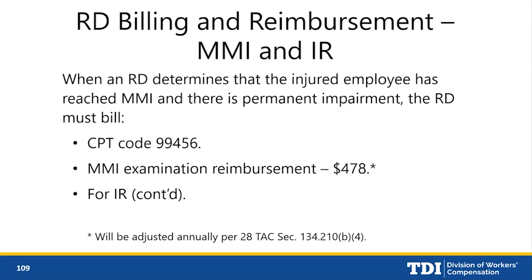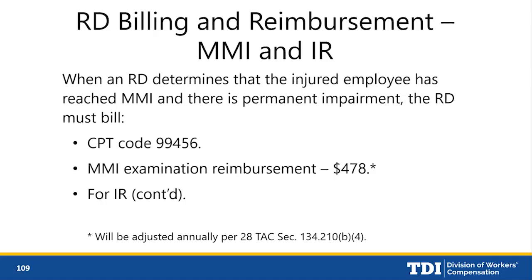So if the referred doctor does conduct the maximum medical improvement evaluation, they are at MMI, there is the possibility of permanent impairment, they're going to conduct the impairment rating exam too. They're going to start by billing the MMI part at 99456. And then for the impairment rating part on that same bill, if they're doing an MSK body area, they would use 99456.